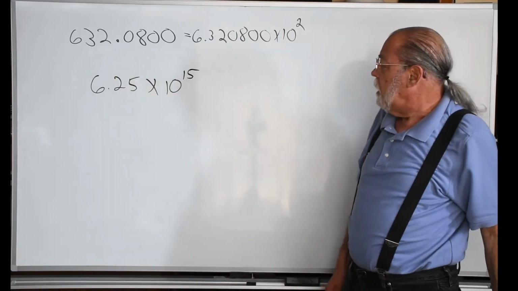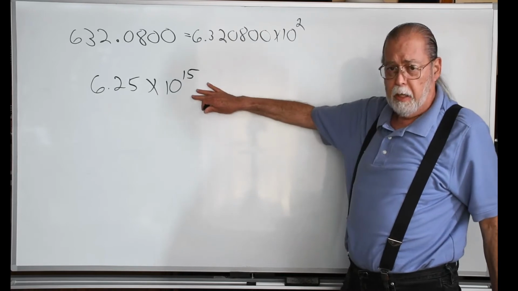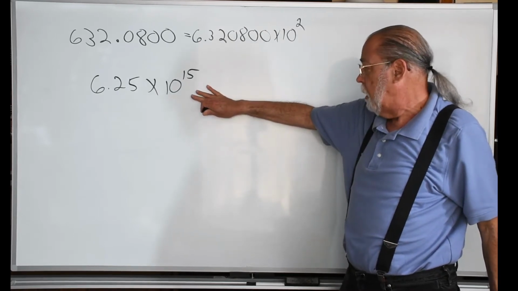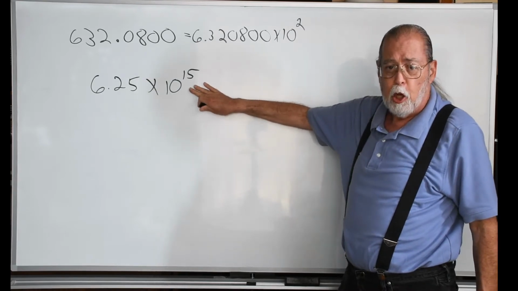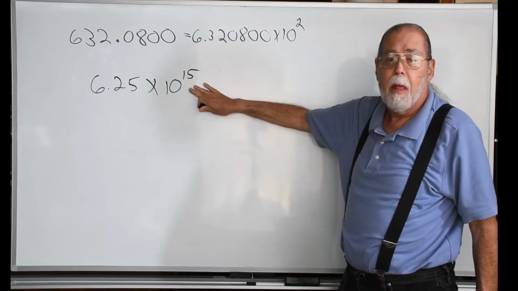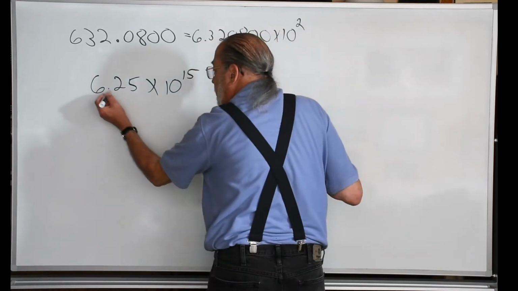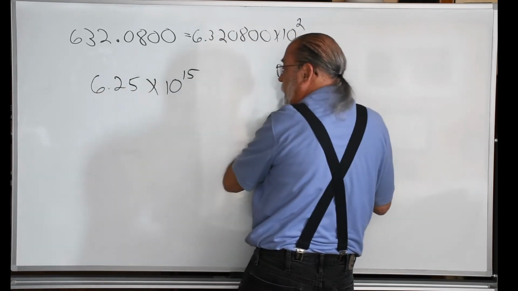We want to convert this over into standard notation. The positive exponent means the number we get must be larger than 10. That tells us we need to move the decimal place to the right.